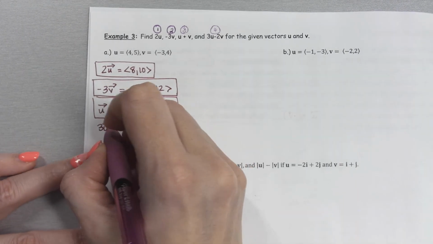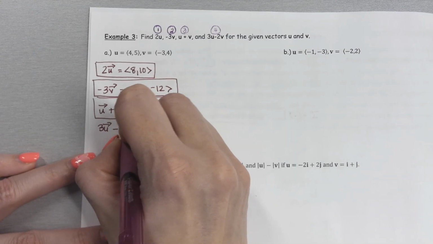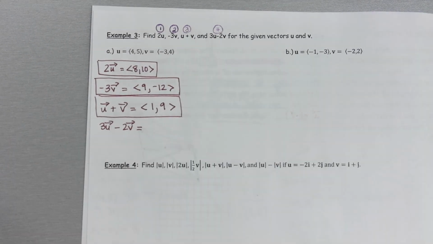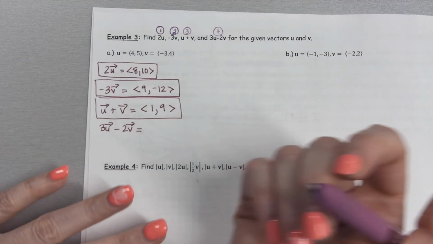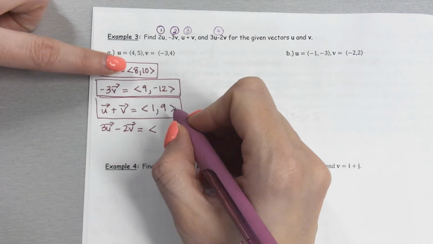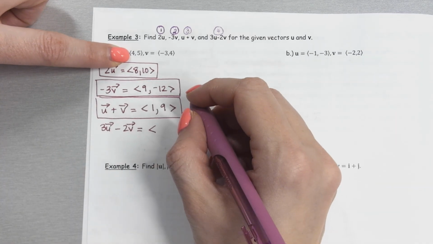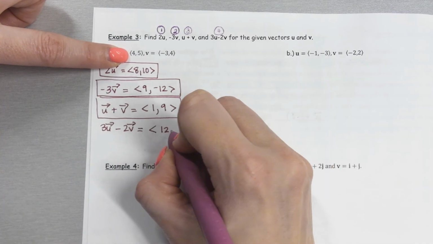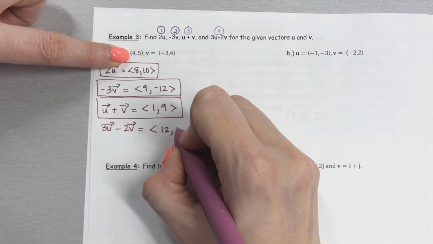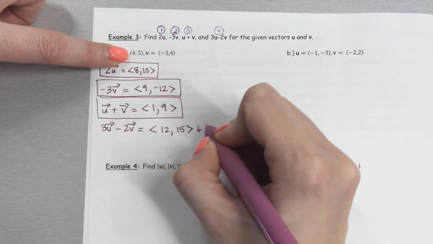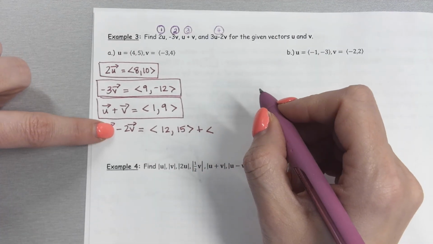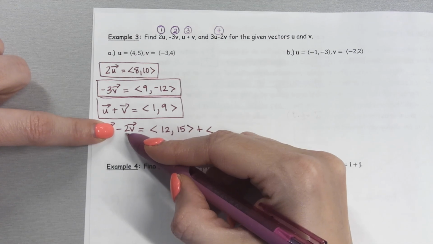And then the last one, 3u minus 2v. For one like this where you have to multiply both, I actually like to do the 3u first. So 3 times 4 is 12, 5 times 3 is 15, and then add it to the negative 2v.